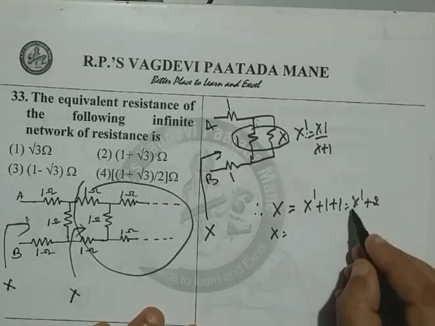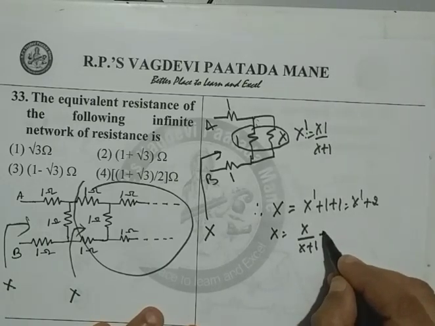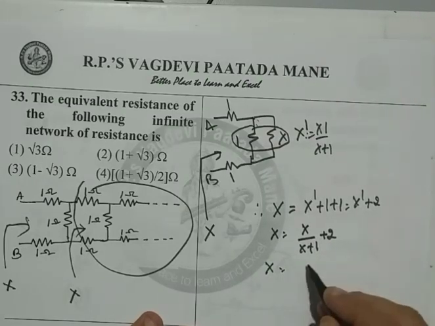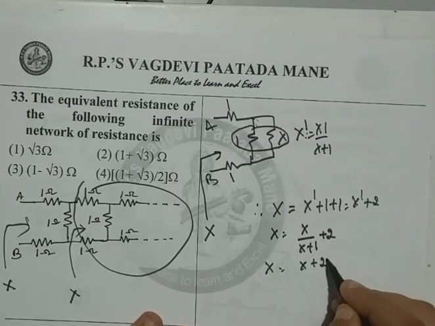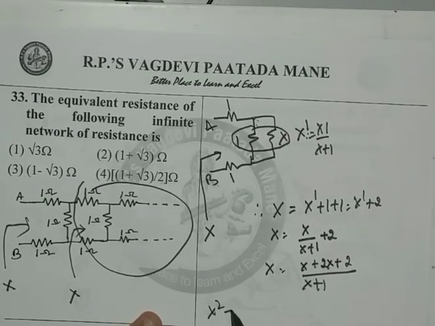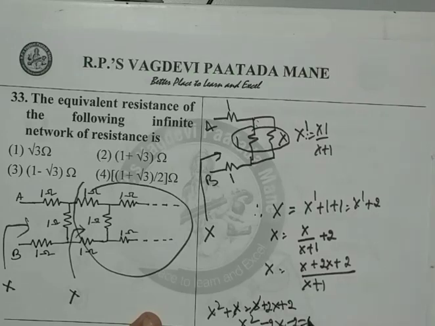Now, we write X dash as X by X plus 1 plus 2. If we simplify this, X equals X plus 2X plus 2 divided by X plus 1, that is X square plus X equals X plus 2X plus 2. If you cancel all these things, you have X square minus 2X minus 2 equals 0.